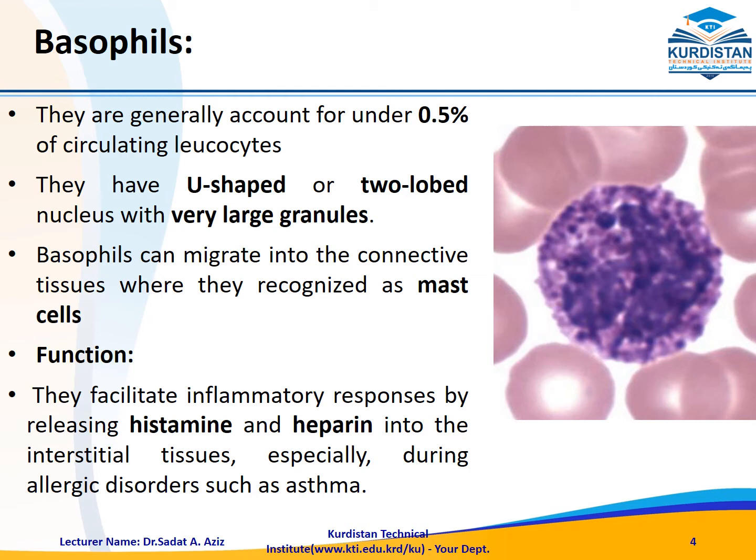So the third type of the granulocyte is called basophil. Normally there is only about 0.5% of the circulated leukocyte made of basophil. Basophil has a U-shaped or bilobed nucleus, and the cytoplasm is occupied with very large cytoplasmic granules.